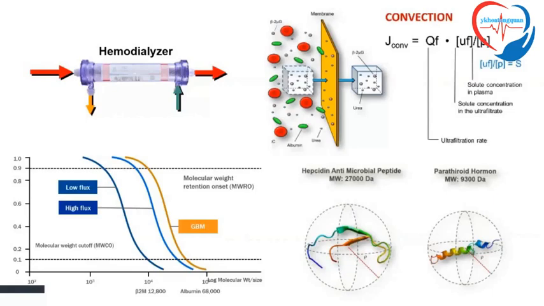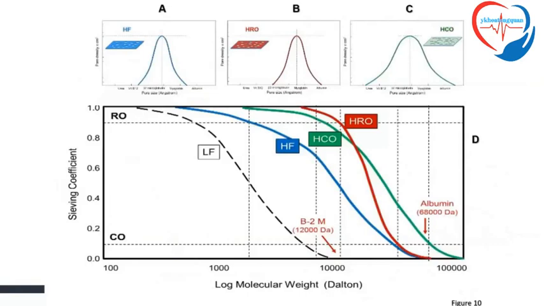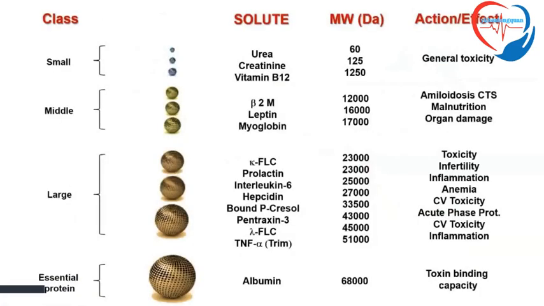dialysis membranes. So in spite of this, we have designed different membranes, and the most recent are called high retention onset or medium cutoff membranes, where we still have an improved sieving profile. We have left out several different molecular weight solutes that cannot be removed by classic membranes.